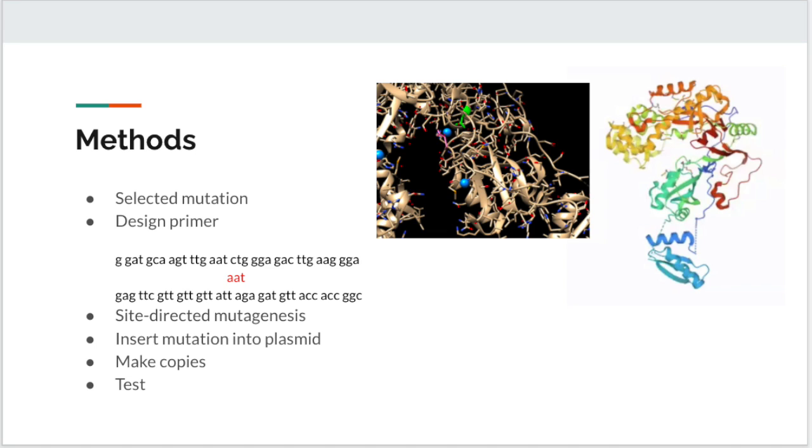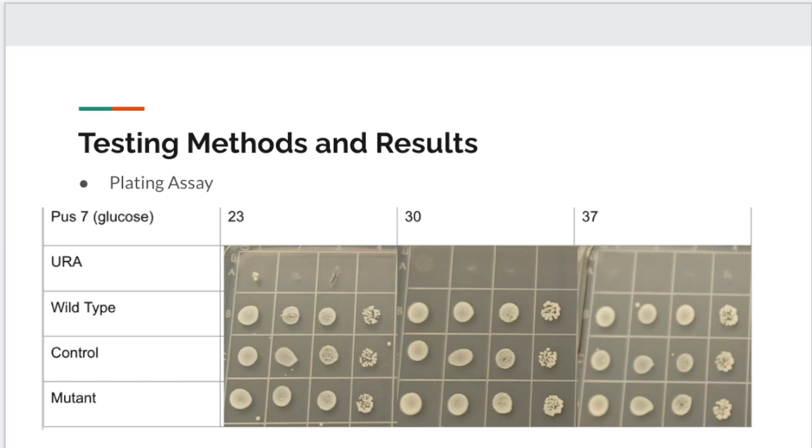And then after I was able to do that, I inserted that mutation into a plasmid, into the gene region of the plasmid, and then after that I put it into bacteria, and then I tested it. And so in this next slide, it is my results for the testing.